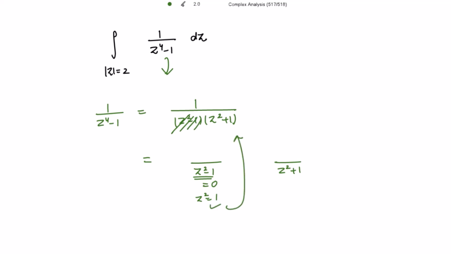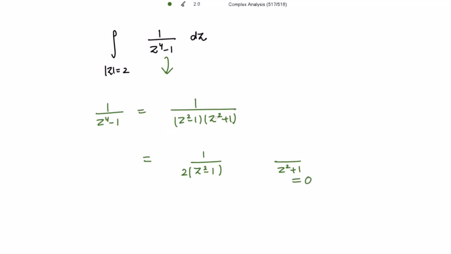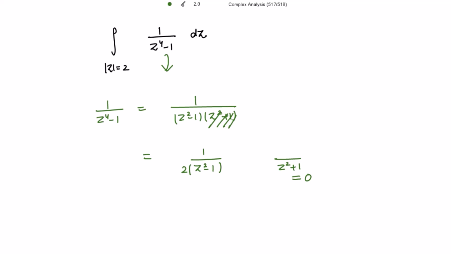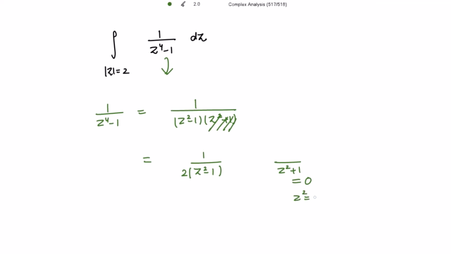What do you get? 1 by 2. Similarly, when taking z² + 1 equal to 0, we hide this from the denominator and get z² = −1. Put this value in this fraction, what do you get? Minus 1 by 2. So writing here 1 divided by 2 into z² + 1.